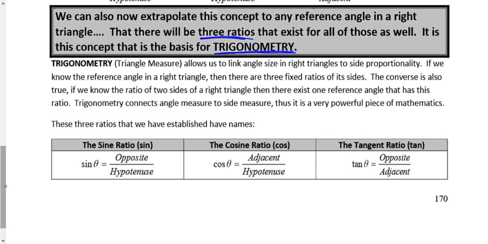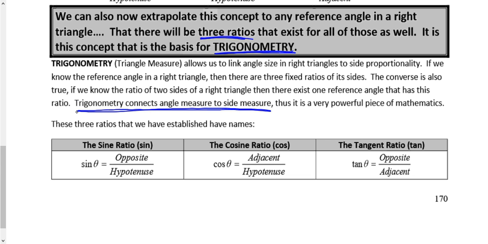Trigonometry connects our angles and our sides. You've had the Pythagorean theorem, but you need how many sides of the right triangle to find the third one? Two of them, right? Now you can be given just one side and some angle and be able to find everything else, other angles, other sides.